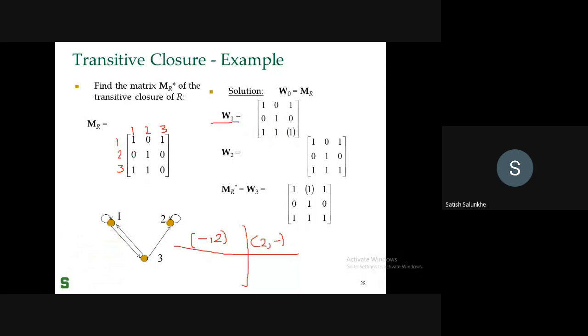So what is something comma 2? Who are related to 2? It is 2 and 3. Okay, who is related to whom? Who is related to only 2? Okay, 2 comma 2 is already present. Yes. 3 comma 2 is present. Yes. So no more change.